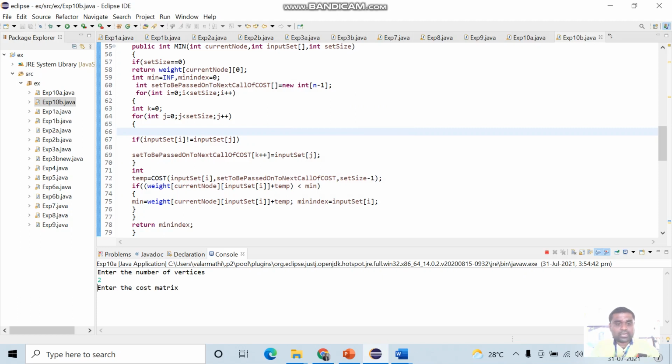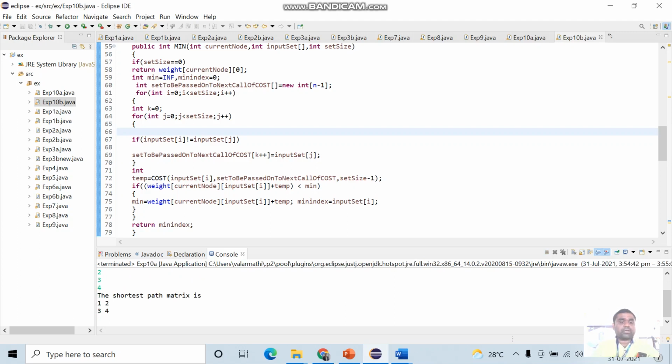Vertices 2 I will give, so the cost matrix will be 1, 2, 3, 4. So the shortest path matrix will be 1, 2, 3, 4, and so now the shortest route will be computed, and at last the entire resultant cost adjacency matrix.